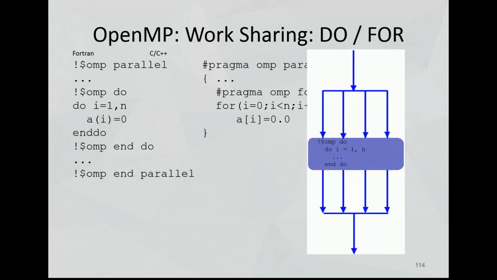OpenMP allows us to have a distribute clause in our compiler. You can't really see that terribly well, but we're looking at the Fortran block here, do 1 to n, so we can split those off. One example of what we could do for our for loop is to branch off.